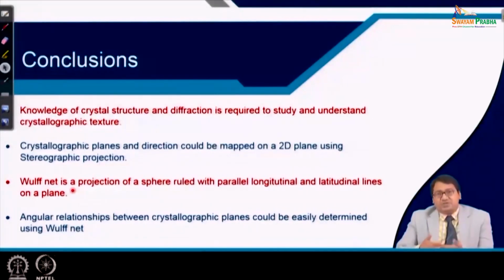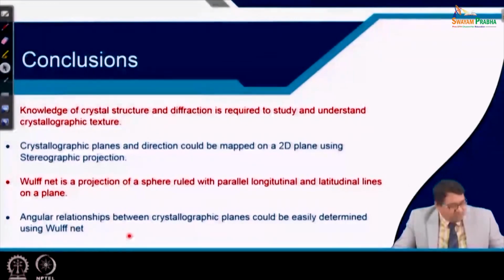The Wulff net is a projection of the sphere ruled by parallel longitudinal and latitudinal lines on a 2-dimensional plane. Angular relationships between crystallographic planes and directions can actually be easily determined using stereographic projection and the Wulff net.